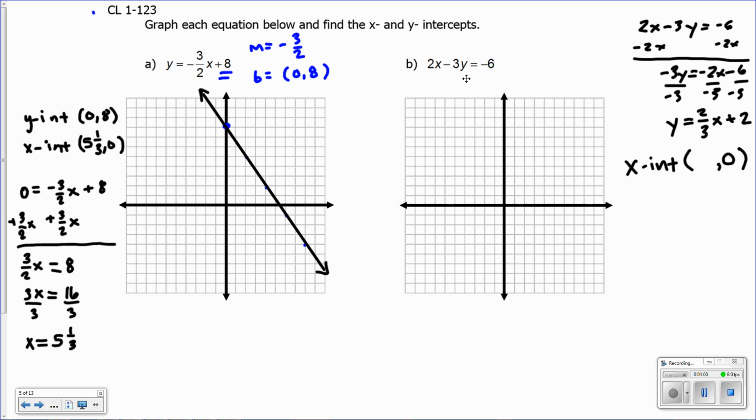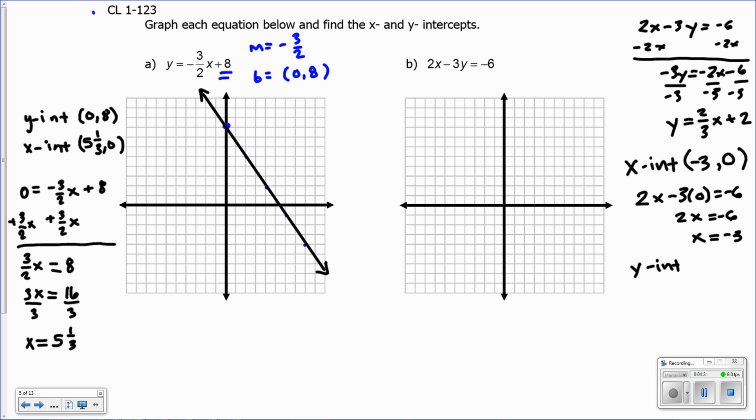So if we plug in 0 for y, we would have 2x minus 3 times 0 equals negative 6, which ends up being 2x equals negative 6. We divide each side by 2, we get x equals negative 3. So the x-intercept is negative 3, 0. The y-intercept, we already know is 2 from doing it this way up here, but it works the same way.